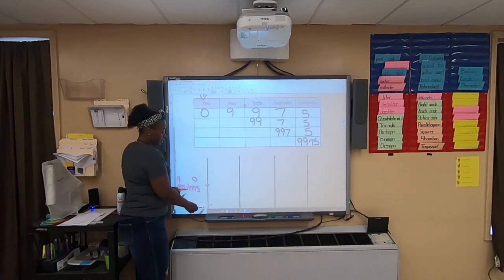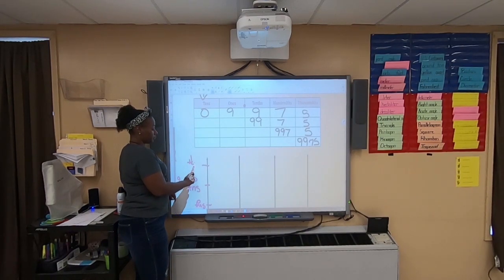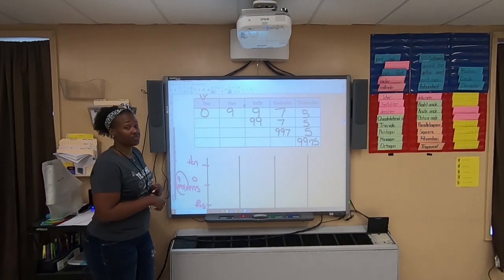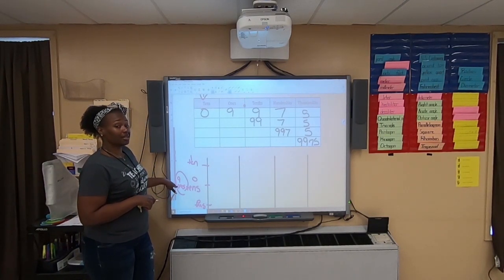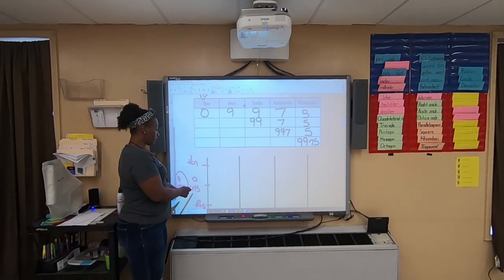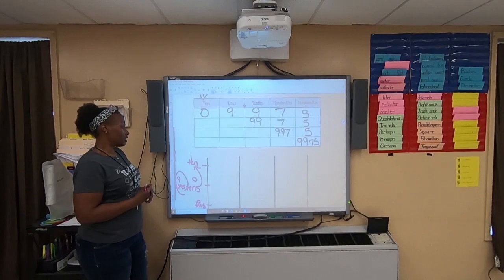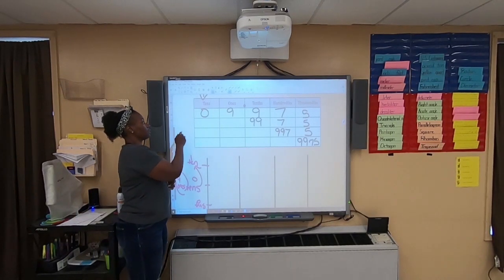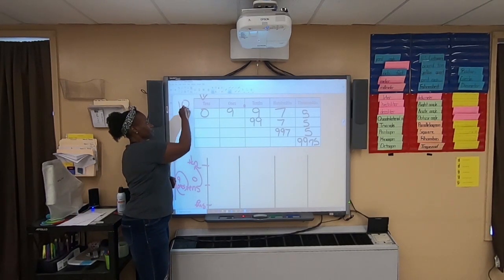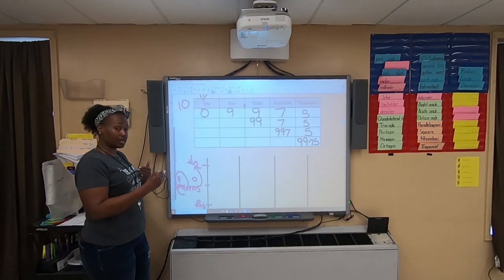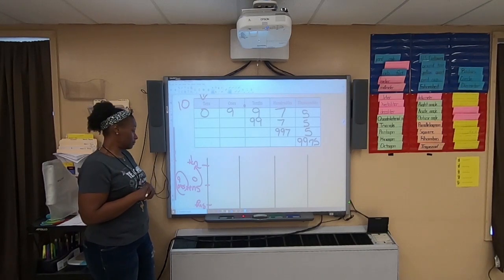We're either going to round down to 0 tens, or we're going to round up to 1 ten. Okay? Looking at that extra unit, remember our midpoint is 5. We know that 9 is greater than 5, which is going to make us round up. So when we round to the tens place, we're going to get 10. Okay? This should start to make more sense. We've done about 3 problems now.